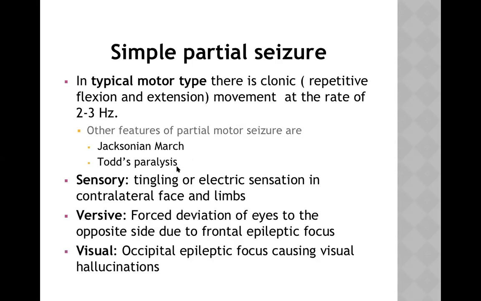It is one of the important differential diagnoses of TIA. We have discussed this before. TIA, transient ischemic attack, can also present in the same way. Todd's paralysis also presents in the same way, but a big difference is Todd's paralysis occurs after the episode of seizure, whereas TIA usually doesn't.